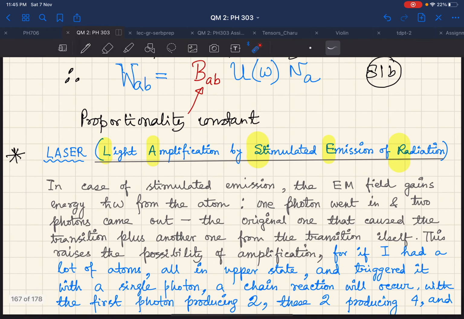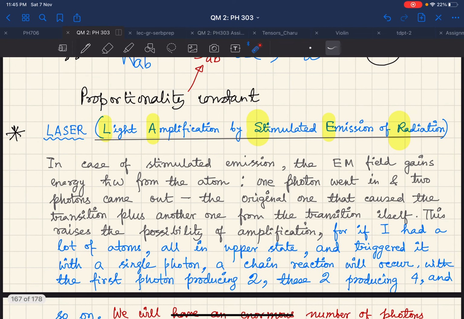Now, in stimulated emission, the electromagnetic field gains energy, h bar omega, from the atom, and one photon went in and two photons came out: the original one, which caused the transition, plus another one from the transition from the higher excited state to the lower excited state. So you started with a photon, and after stimulated emission has happened, you have double the number of photons.